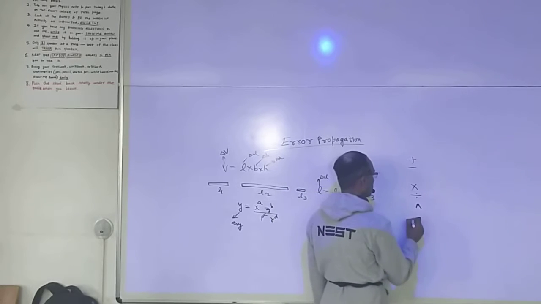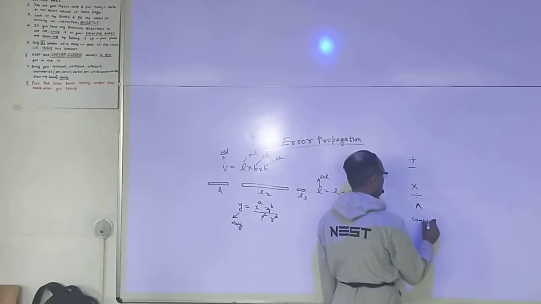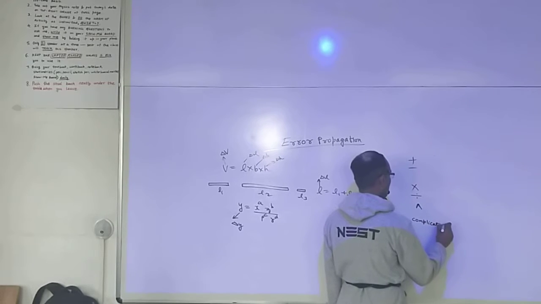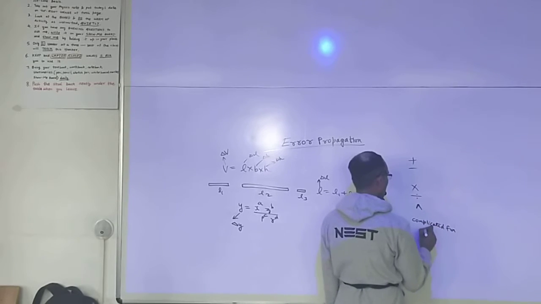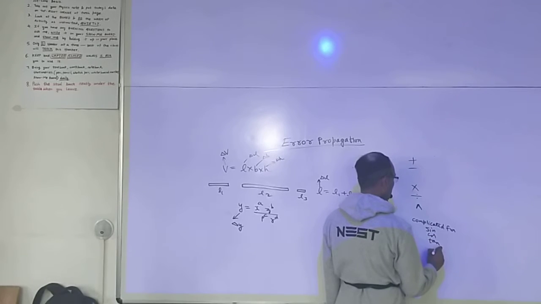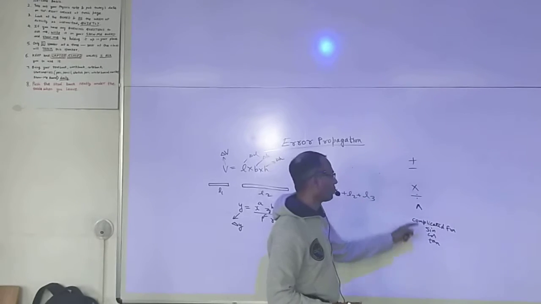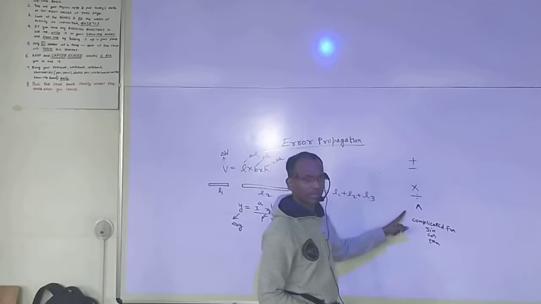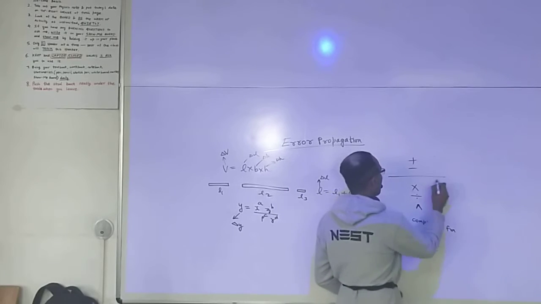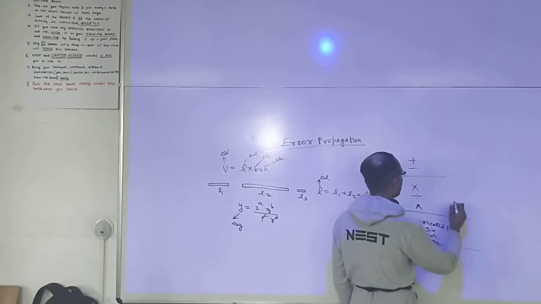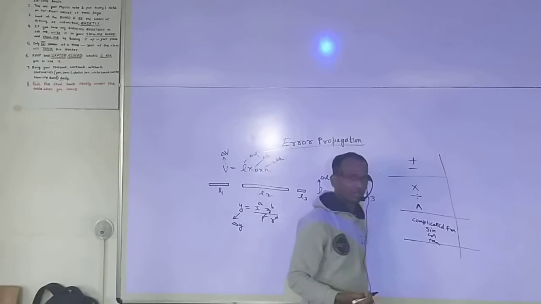And you also have complicated functions like sine, cosine, tan, all other kinds of functions which you may not know what to do, which are different from these two anyways. So each of these has three different approaches to find the error in the result.